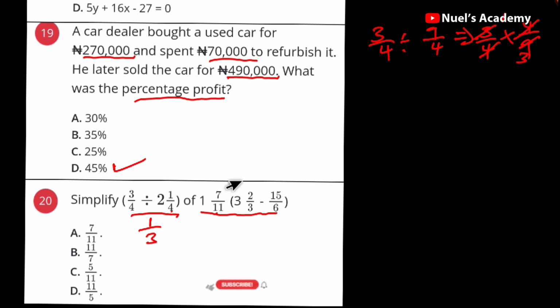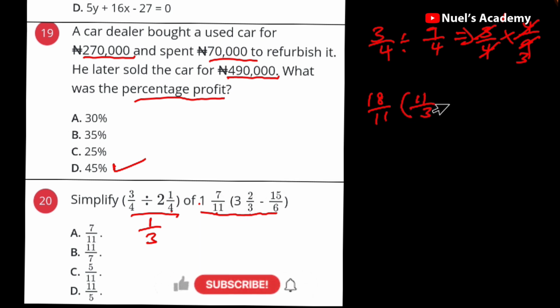If you do that, 11 times 1 is 11, 11 plus 7 is 18 over 11. Then multiplied by, this one will be 3 times 3, 9, 9 plus 2 is 11, I have 11 over 3, then minus 15 over 6.